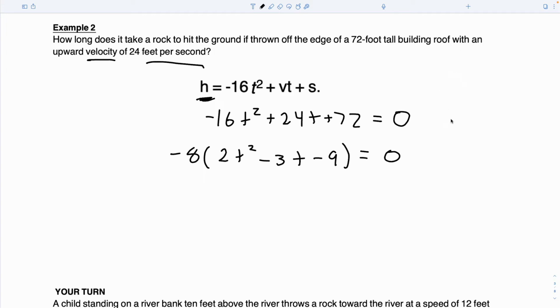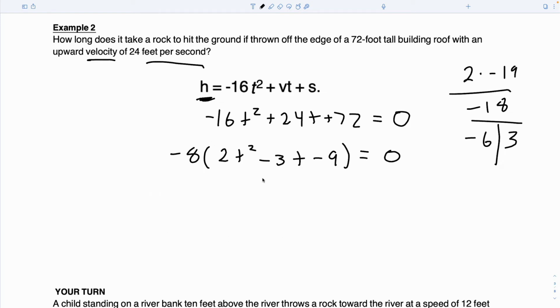Next step, Elliot. If I'm doing the boxing method, grouping, what would I do? Sure. Okay. Give me factors of negative 18 that add to negative 3, Addison. That works.